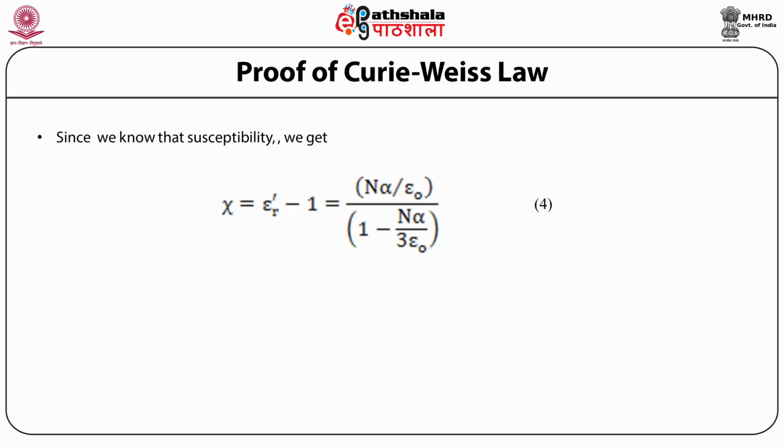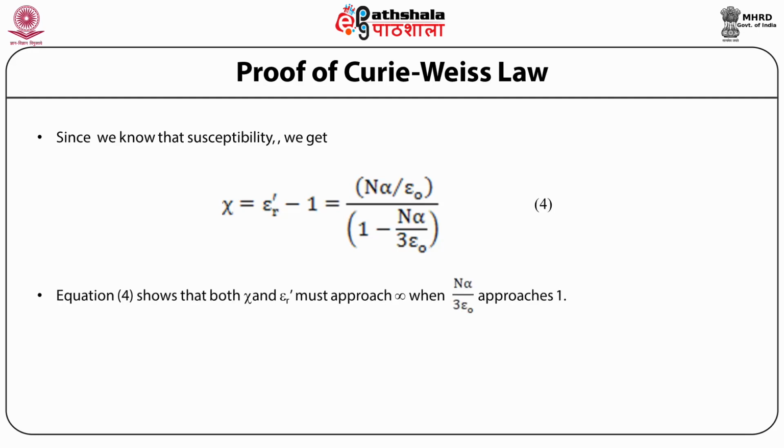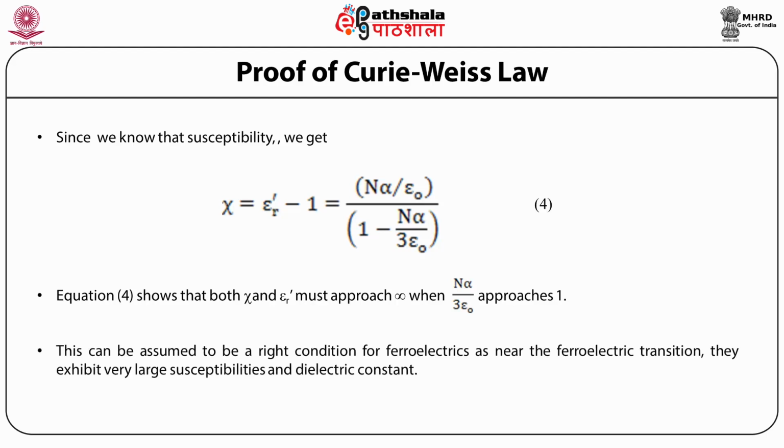So this equation shows that both susceptibility and relative permittivity must approach infinity when n alpha upon 3 epsilon naught approaches 1. This can be assumed to be the right condition for ferroelectrics, as near the ferroelectric transition they exhibit very large susceptibilities and dielectric constant.